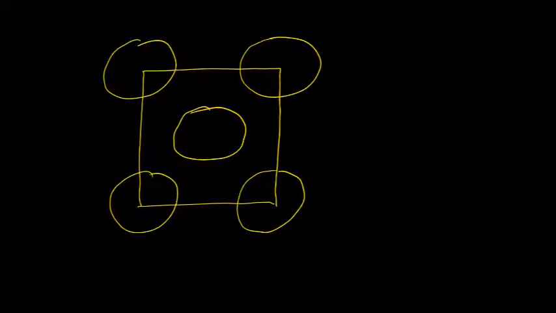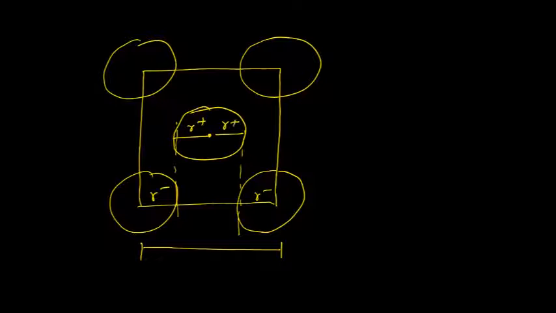And now if you see the edge length total, it is approximately equal to R minus, R minus, R plus, R plus. So it is actually 2R plus plus 2R minus equals A. So this is when you are doing the calculations.